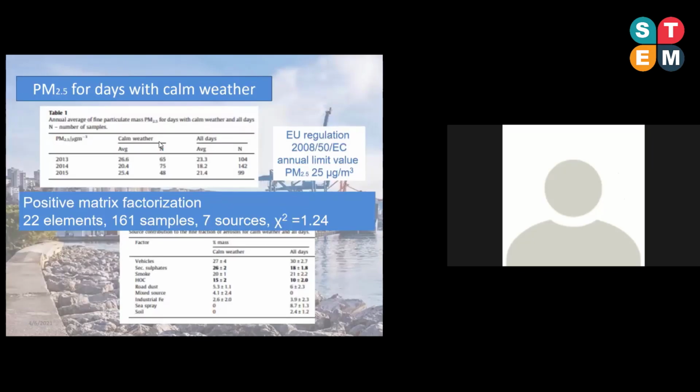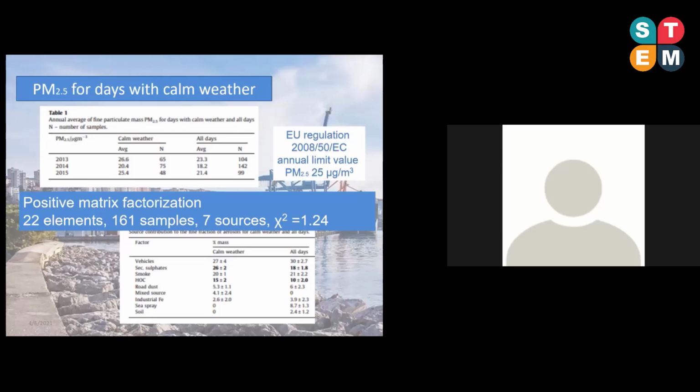When we compared concentration of PM2.5 fraction for all days and days with calm weather, we obtained annual PM2.5 concentration 10 to 18% higher for calm weather.